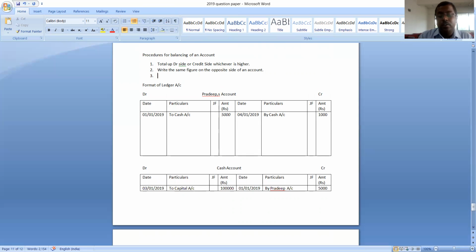Second step is write the same figure on the opposite side of an account. And third step is find the difference. This is the third step.